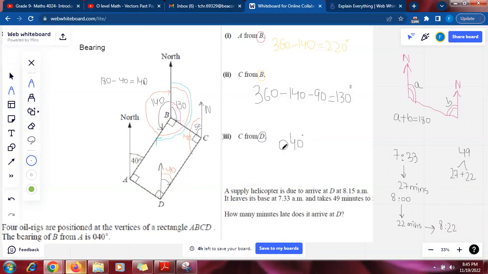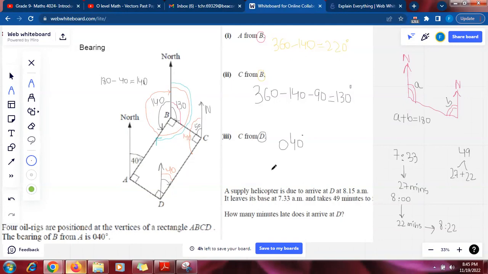Because it is a bearing, we will write it in three digits. These are also written in three digits. Since 40 is two digits, I will just add a zero at the start. Don't add a zero at the end because it will definitely be wrong. So 040 is the answer of the third part.